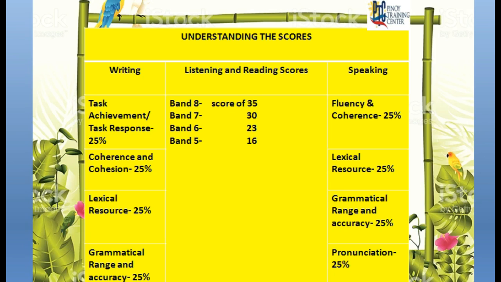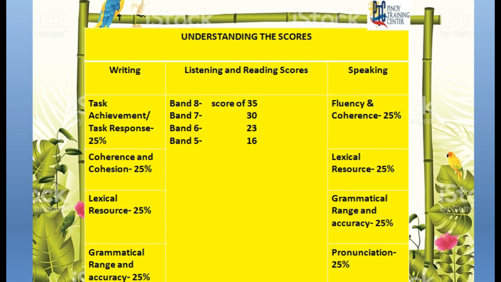For the listening and reading scores, for band 8, the score is 35. For band 7, the score is 30. For band 6, the score is 23. And for band 5, the score is 16. And that is for listening and reading scores.